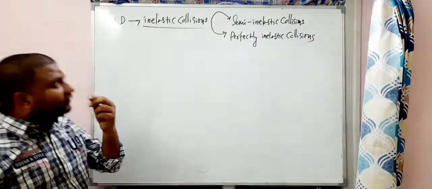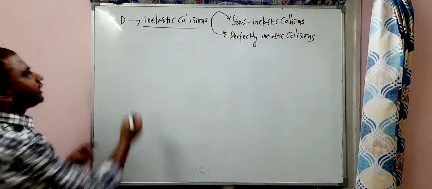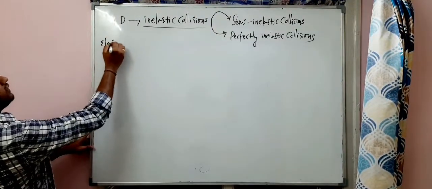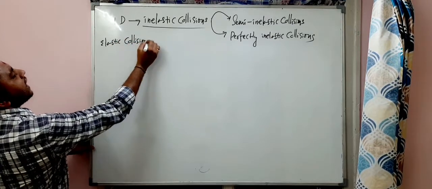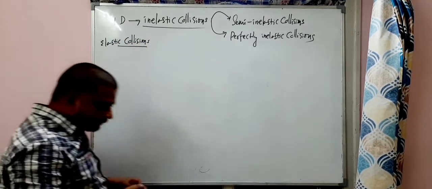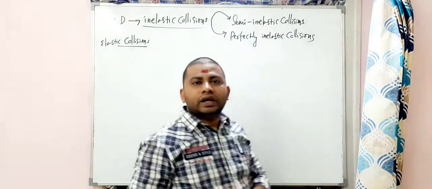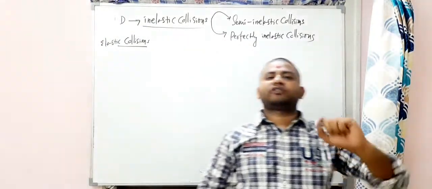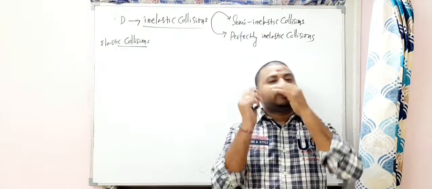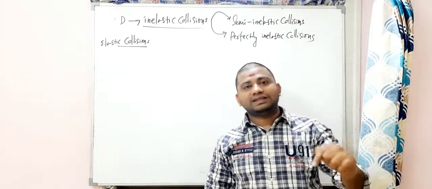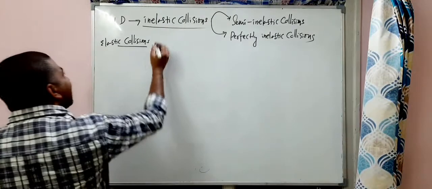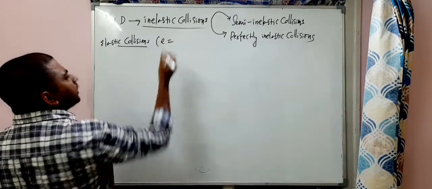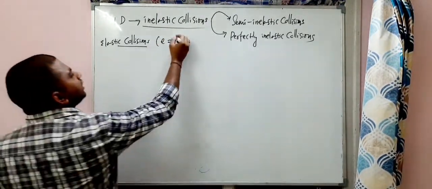Previously we have discussed elastic collisions, my dear students. I had told you there is a physical quantity called the coefficient of restitution, e, and this coefficient of restitution will tell us about the nature of the collision. For elastic collisions, the coefficient of restitution will be 1.